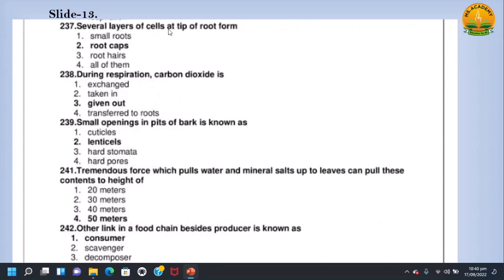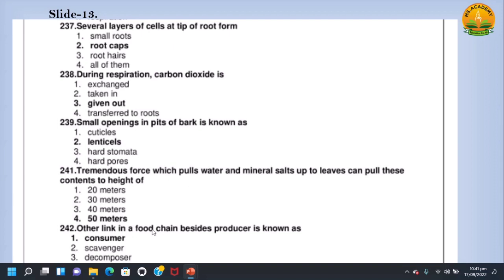Several layers of cells at tip of root form, right option is 2, root caps. During respiration carbon dioxide is, right option is 3, given out. Small opening in pits of bark is known as, right option is 2, lenticels. Tremendous force which pulls water and mineral salt up to leaves can pull these contents to height of, right option is 450 meters.